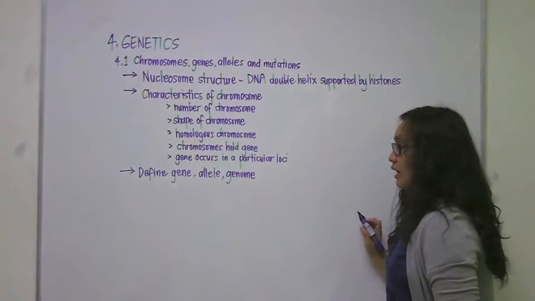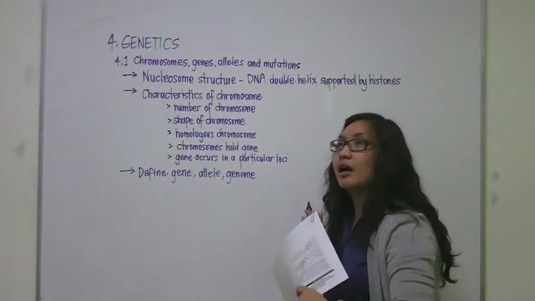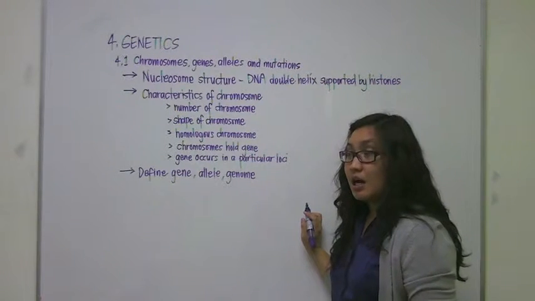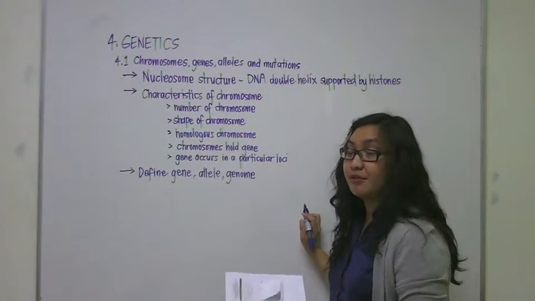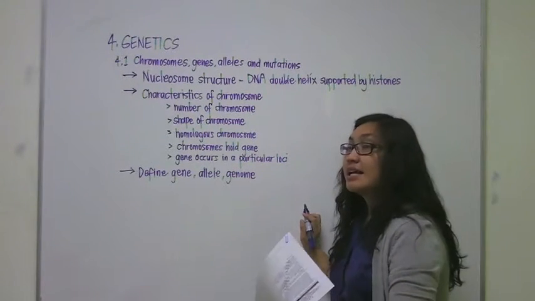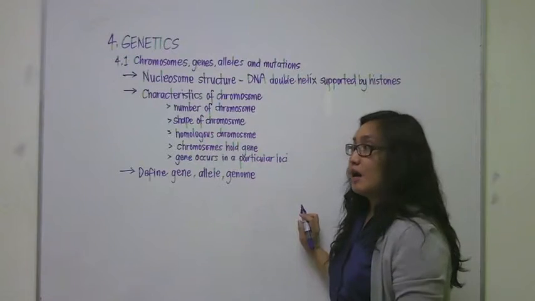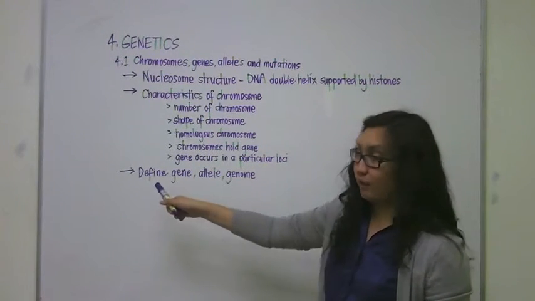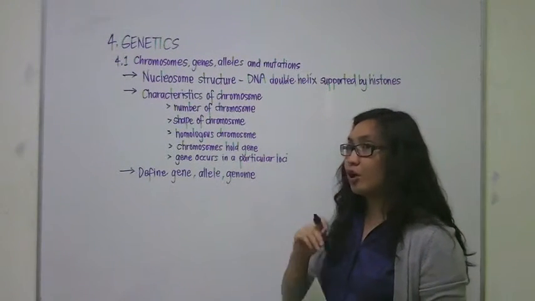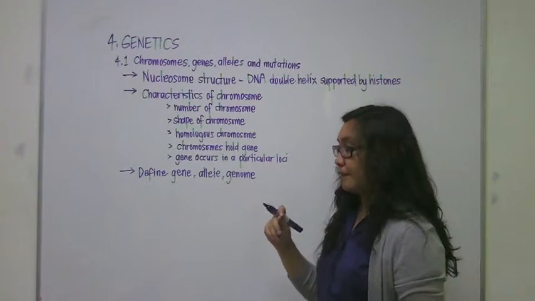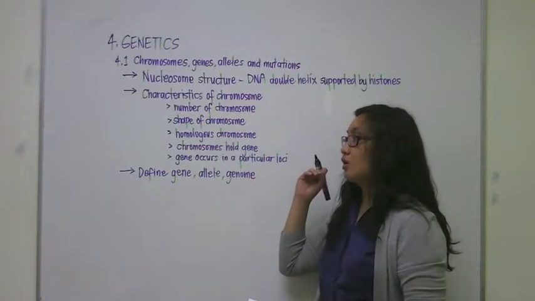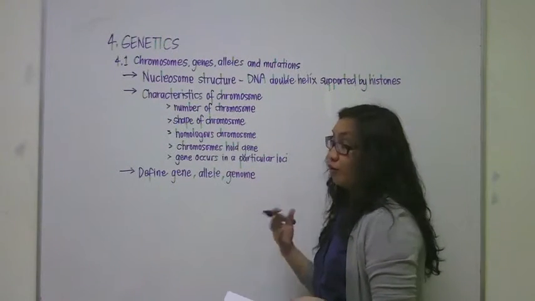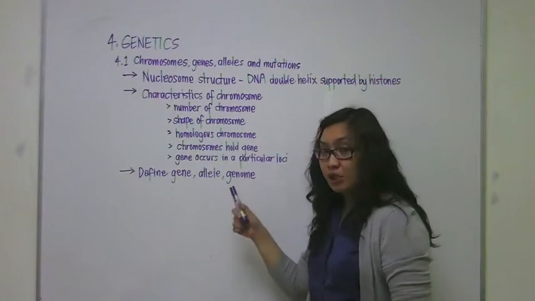In the case of genes, genes are specific sequences of bases that will code for a specific characteristic or a specific protein. In the case of alleles, this is the alternative form of a gene. Whereas for the genome, if we collect all genes together, the totality of the overall genes is what we call the genome.